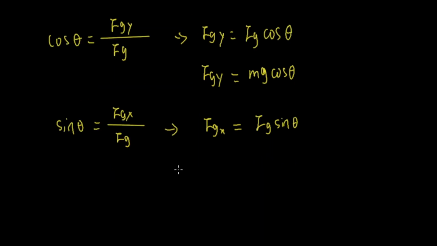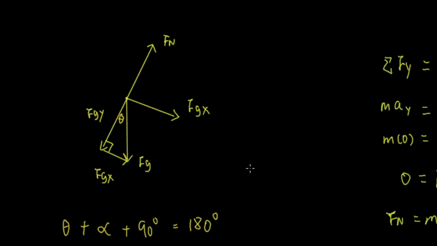So now we have f sub gx equal to mg sine theta. We just calculated f sub gx and f sub gy here.